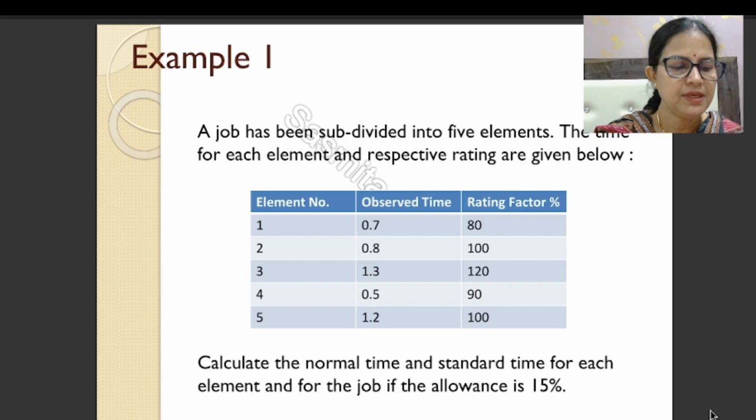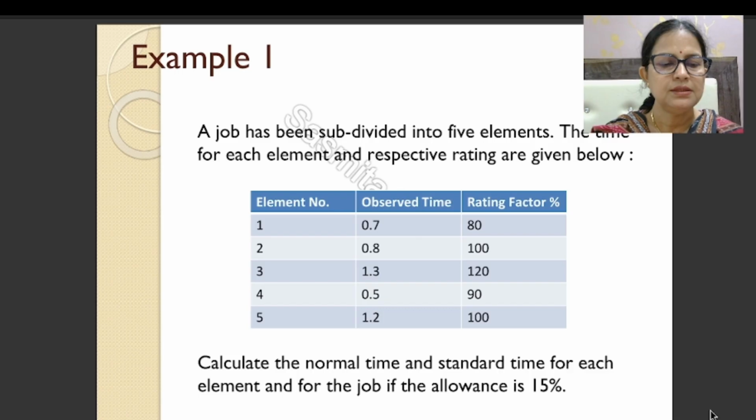Corresponding to standard pace, what is the assessment of the worker's rate of working? So we compare the worker's performance with the time study analyst's performance level, or the standard pace of working.